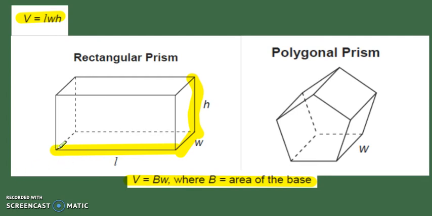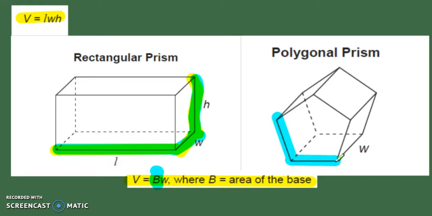So it would be length times the width equals B. And then we would multiply by the height, which is the H. Over here, the base is right here. So we would have to find the area of that base and then multiply it by the height.